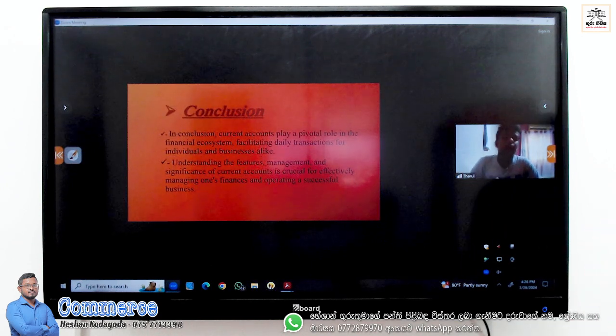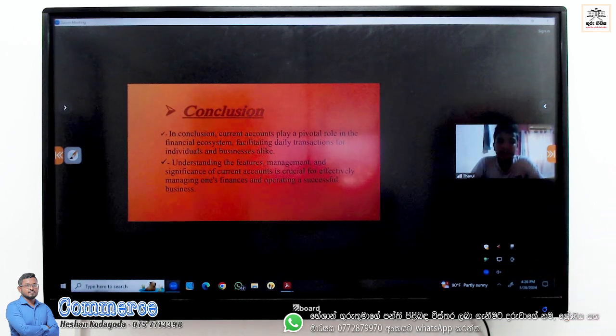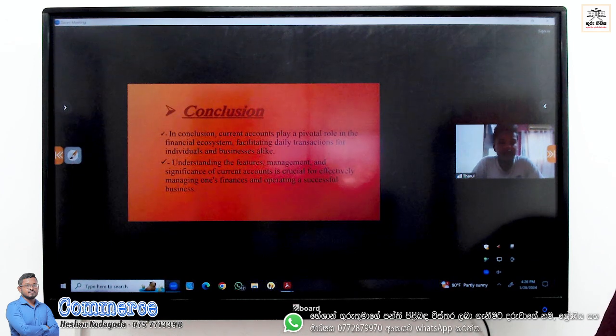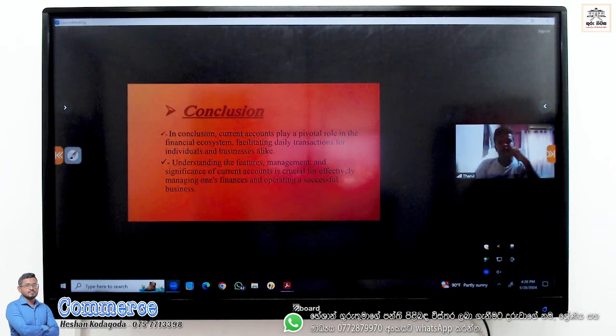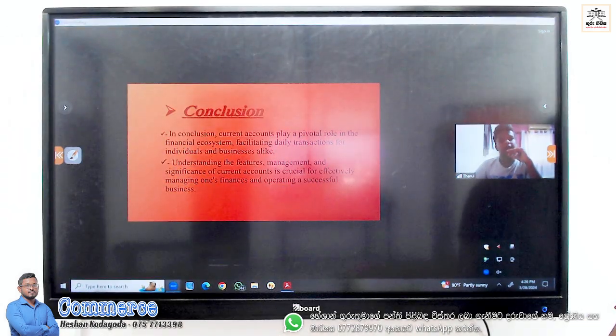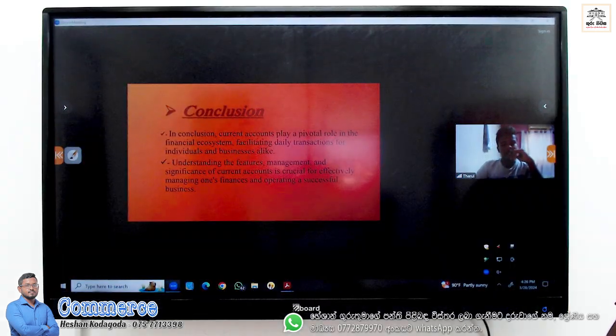In conclusion, current accounts play a vital role in the financial ecosystem, facilitating daily transactions for individuals and businesses alike. Understanding the features, management, and significance of current accounts is essential for effectively managing one's finances and operating a successful business.